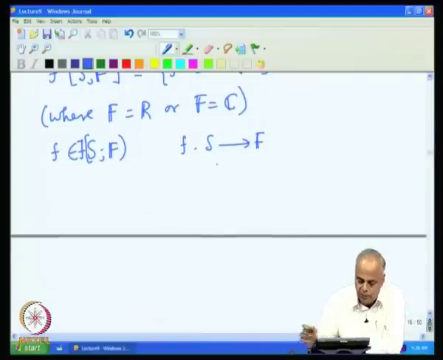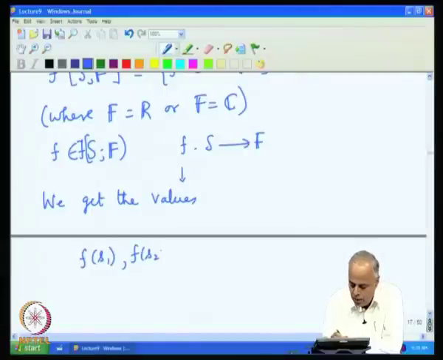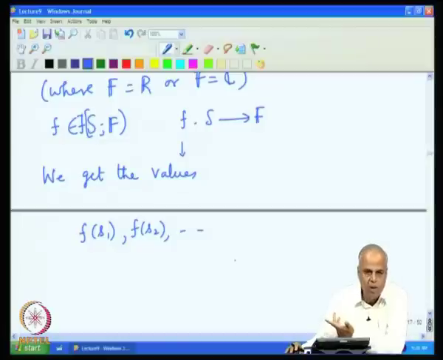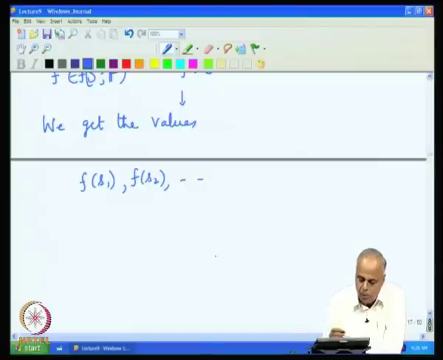Take any such function, corresponding to this we get the values f(s1), f(s2), etc., which is a sequence of real or complex numbers depending on whether we take F equal to R or F equal to C. Now, what we do is we look at the absolute values of this.